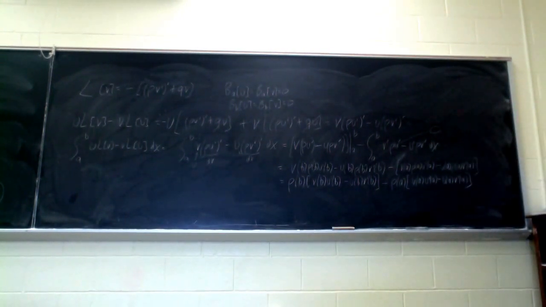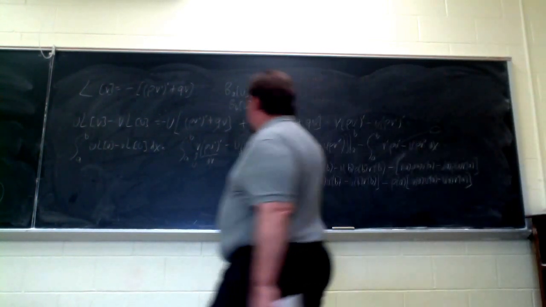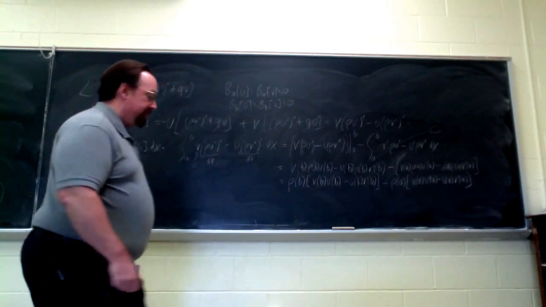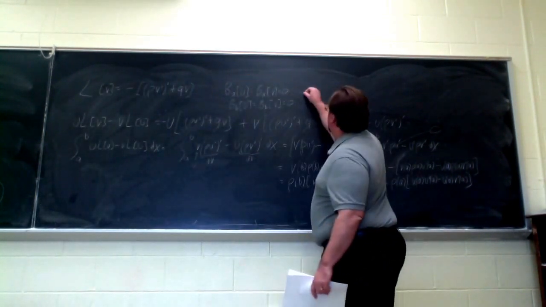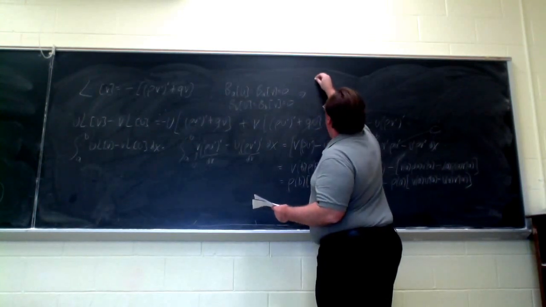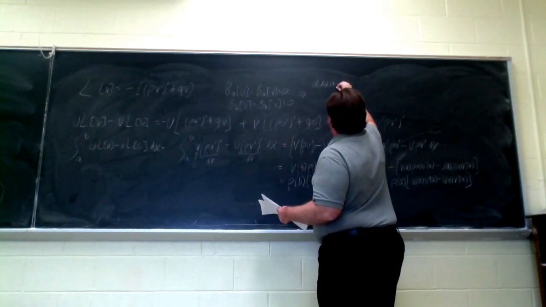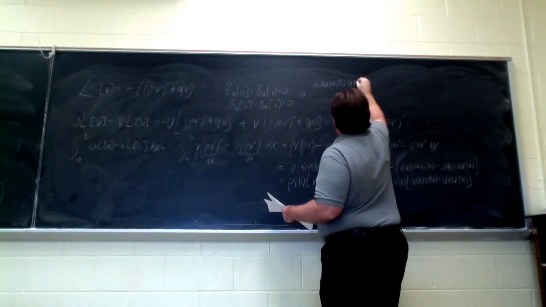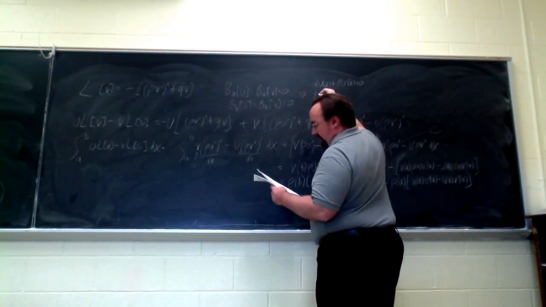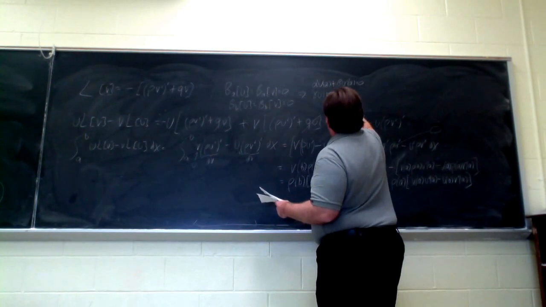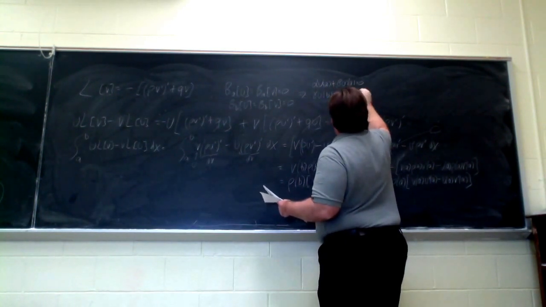So now we're going to figure out what that is. I'm going to use the fact that u and v satisfy all the boundary conditions. So if I write out what that is, alpha u of a plus beta u prime of a is 0, and gamma u of b plus delta u prime of b is 0.